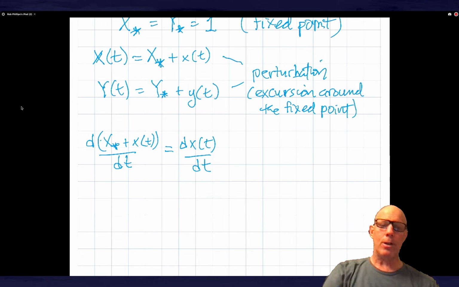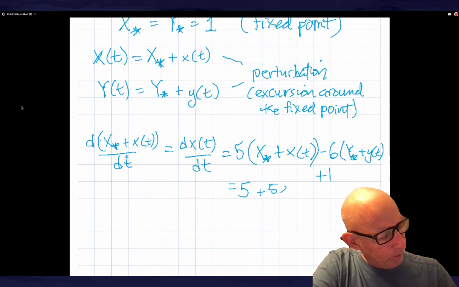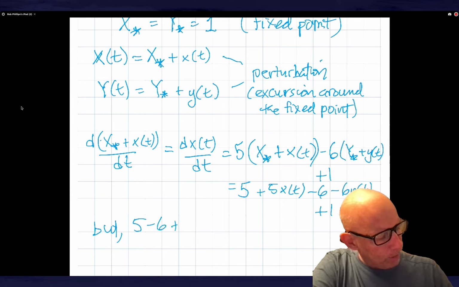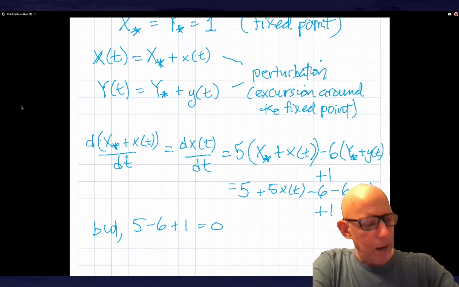The reason being that x star is a constant, the derivative of a constant is 0, and then I get 5 times x star plus x of t minus 6 times y star plus little y of t plus 1, but that's equal to 5 plus 5 little x of t minus 6 little y of t plus 1, but 5 minus 6 plus 1 equals 0, so I can drop this, and that.